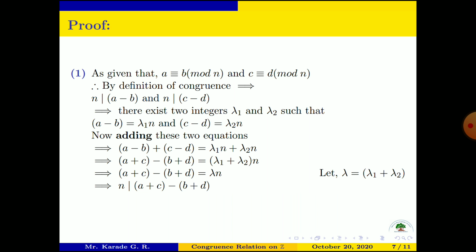Therefore, by definition of congruence relation, we can write a plus c is congruent to b plus d mod n.